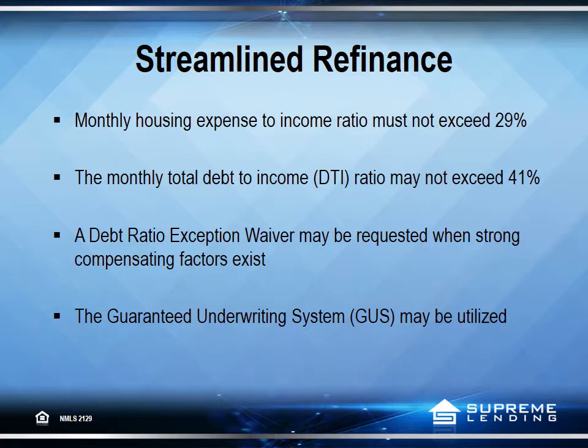Monthly housing expense to income ratio may not exceed 29%. The monthly debt to income ratio may not exceed 41%. A debt ratio exception waiver may be requested when strong compensating factors exist, and the GUS system may be utilized.